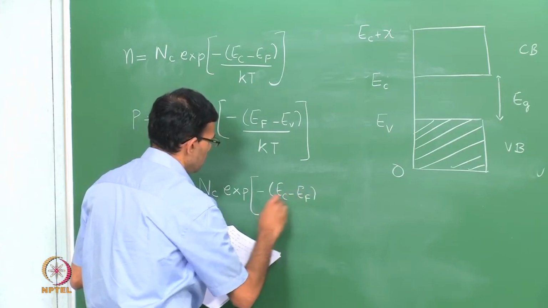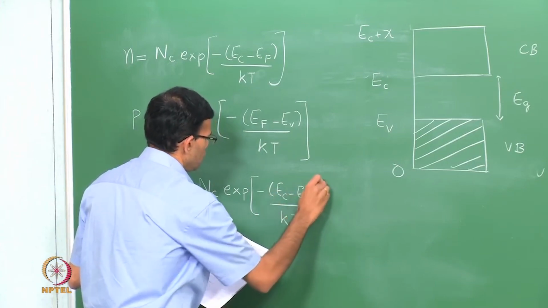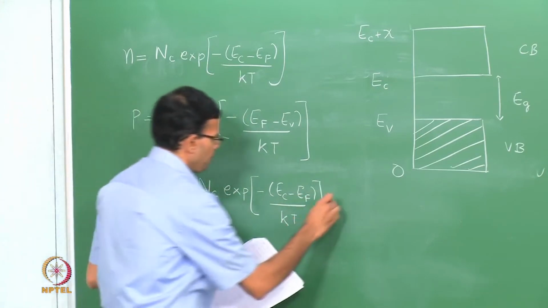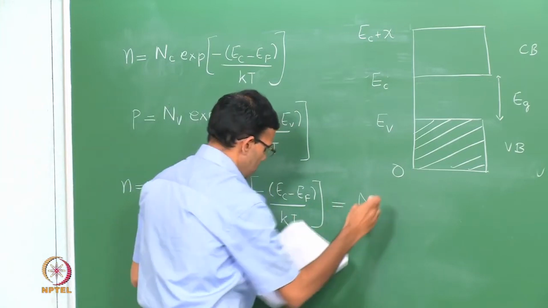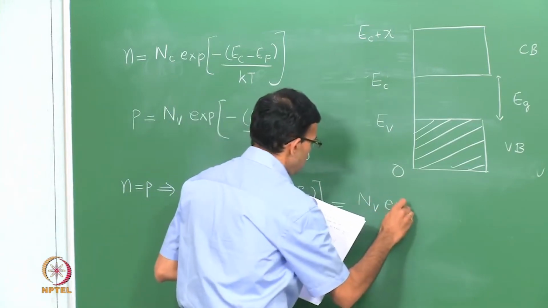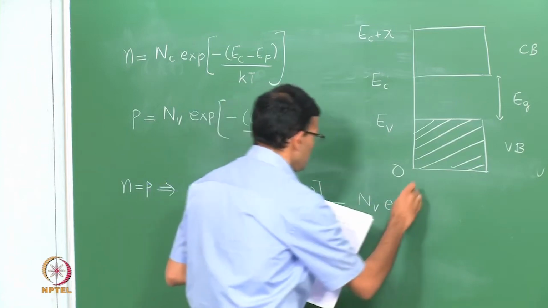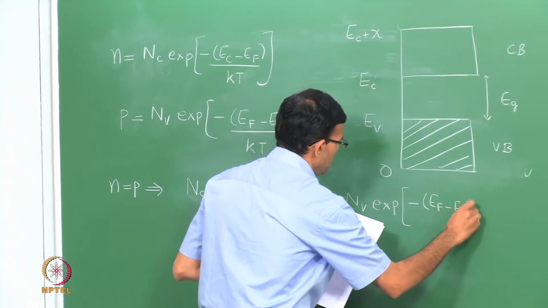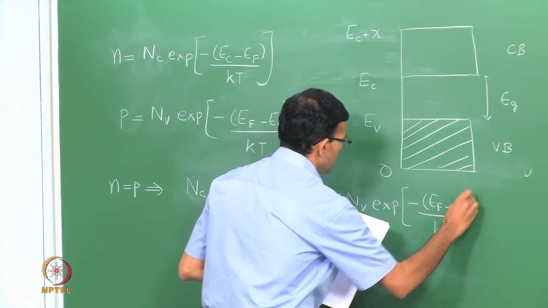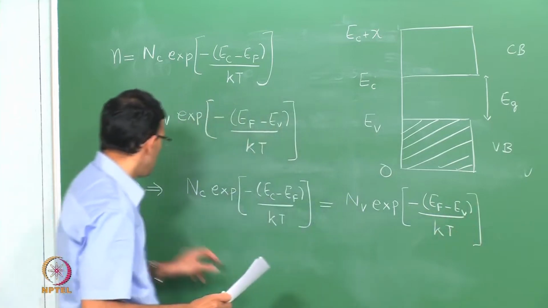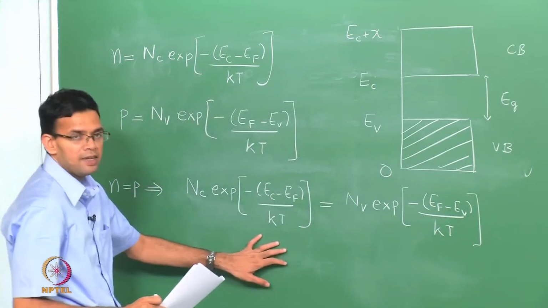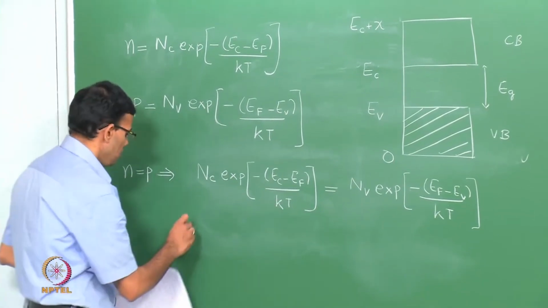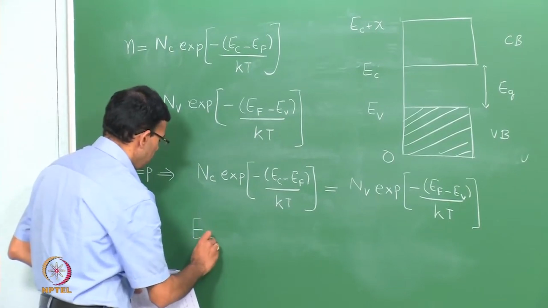So, we have NC exponential minus EC minus EF over kT is equal to NV exponential minus EF minus EV over kT. I have just equated N and P. We can take natural log on both sides and then rearrange this expression to give you the value of EF.